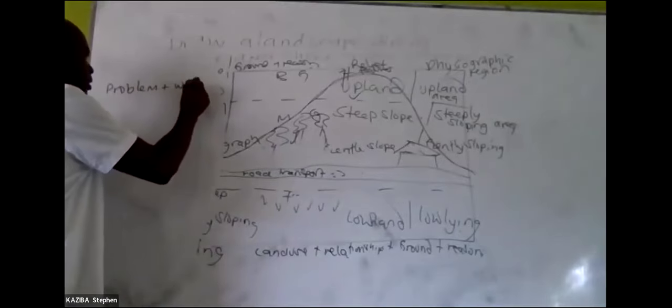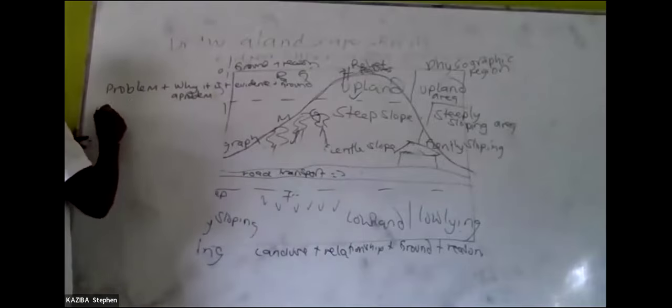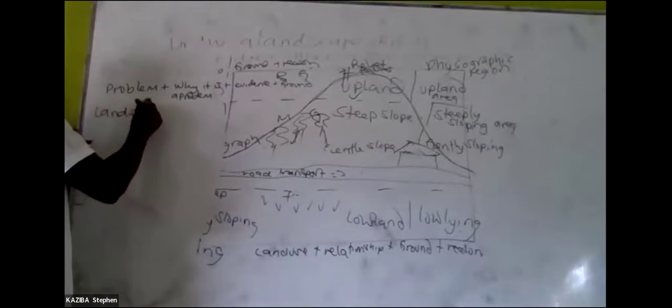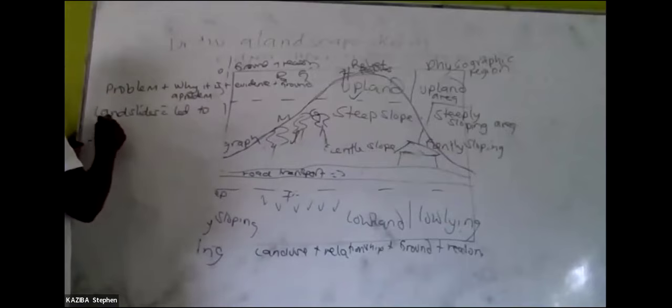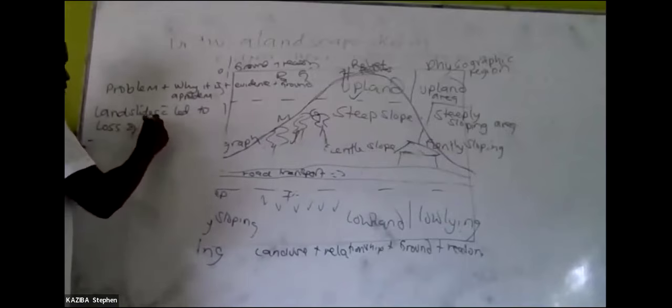For example, if you look at highlands, you would say landslides, which lead to loss of lives and destruction of property, evidence due to steep slopes in the background. So the problem is landslides, the evidence is steep slopes, and the ground is background.